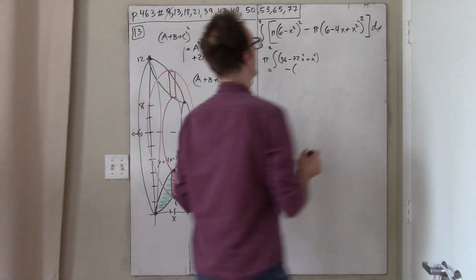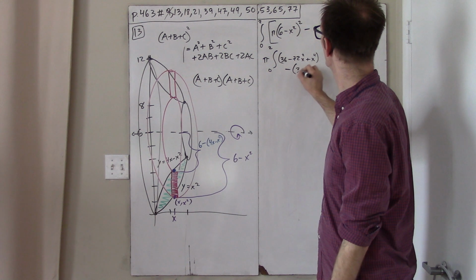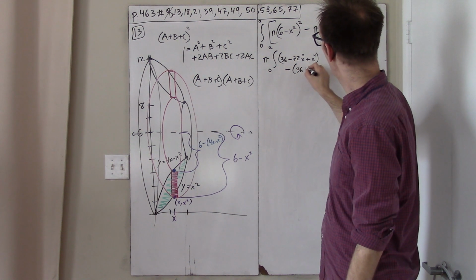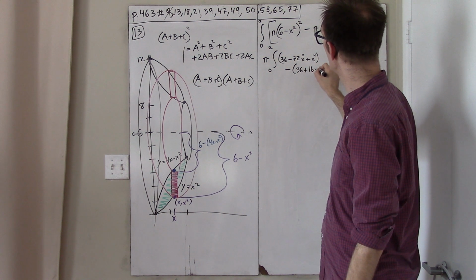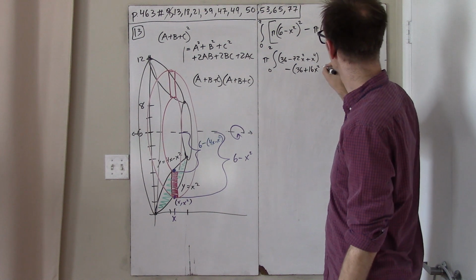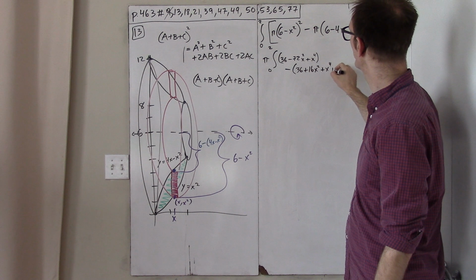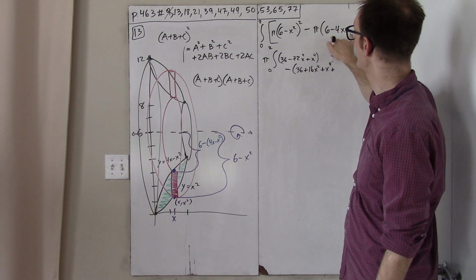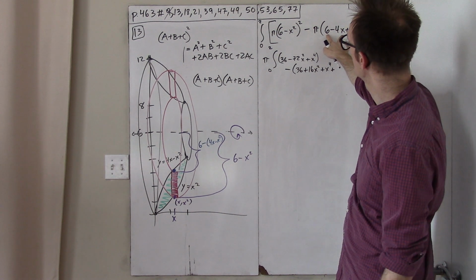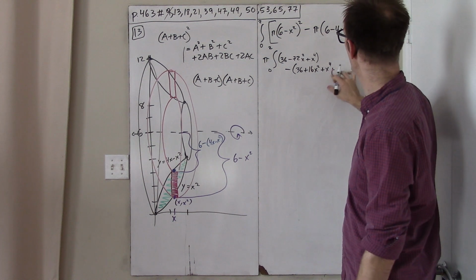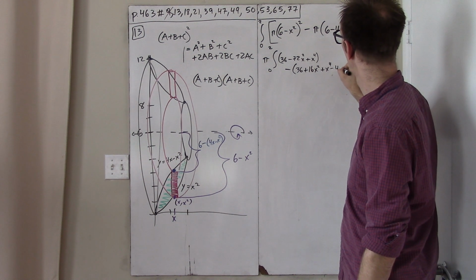Okay, so this becomes 36 plus 16x squared plus x to the 4th, and now plus 2 times the product of those two, so that's 24x, so that's going to be minus 48x.